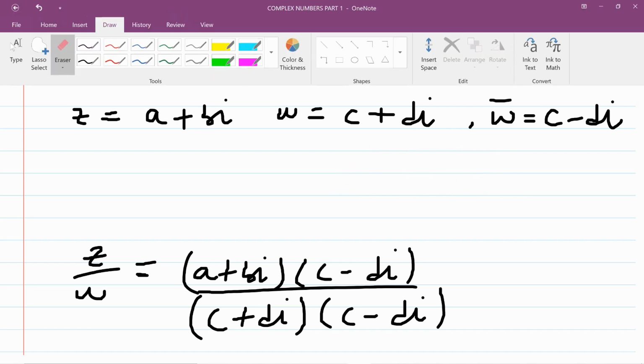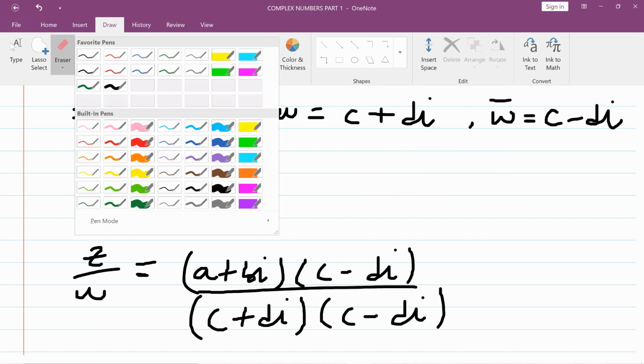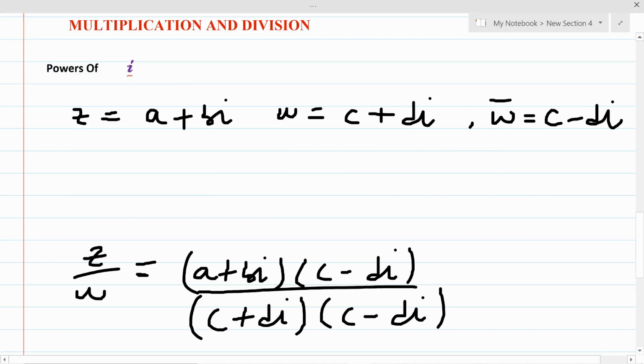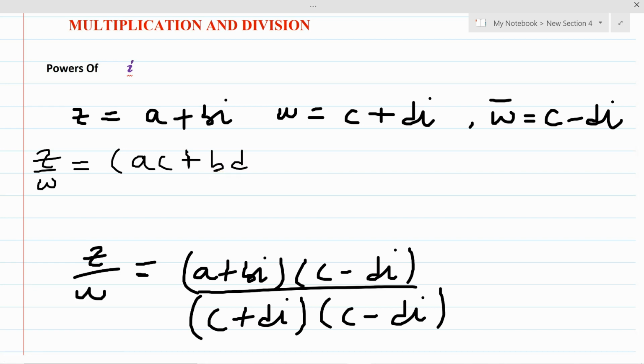So like we said, z over w is equal to, the top, you know how to do multiplication. The first one times the first one becomes ac, then minus the last one times the last one, so minus b times d, and because b times negative d it becomes plus bd.